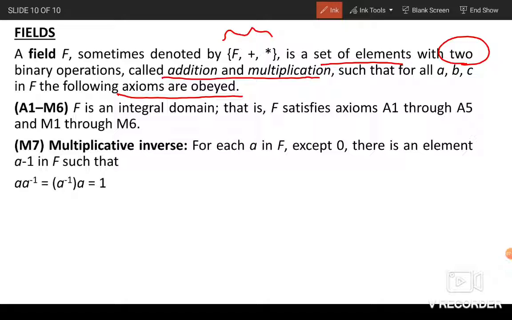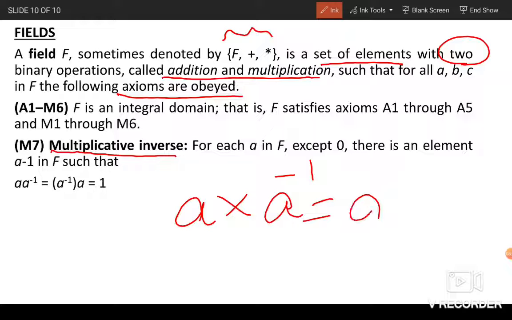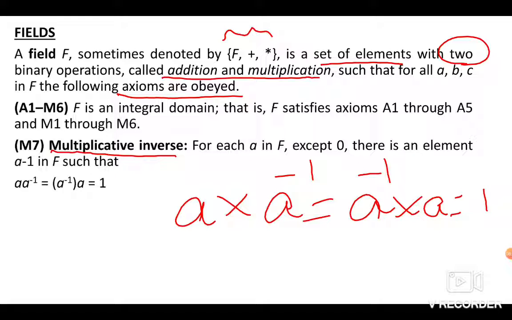Other than that, you have to follow one more axiom, M7, that is multiplicative inverse. For every element A in F except 0, we must have an inverse element, that is A into A inverse equal to A inverse into A. It should give 1, that is the multiplicative identity element.